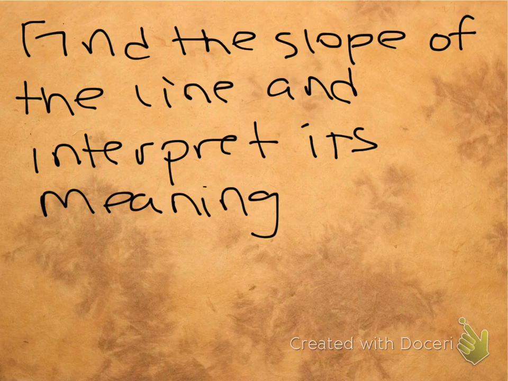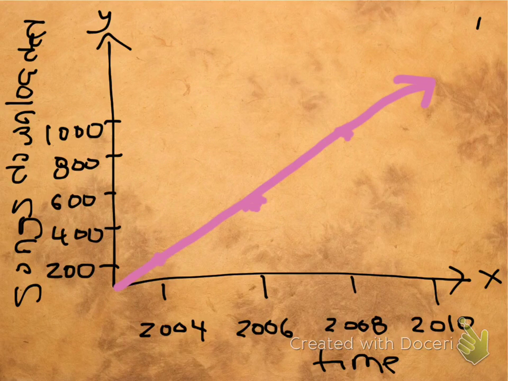Then we need to find the slope of the line. So we're going to use our 2 points that we got here. Usually when we use years, we start with 0 as our starting year. So we're going to use 2004 as 0, and then 2006 will be 2. So our points that were used to find our slope are (0, 200) and (2, 600).